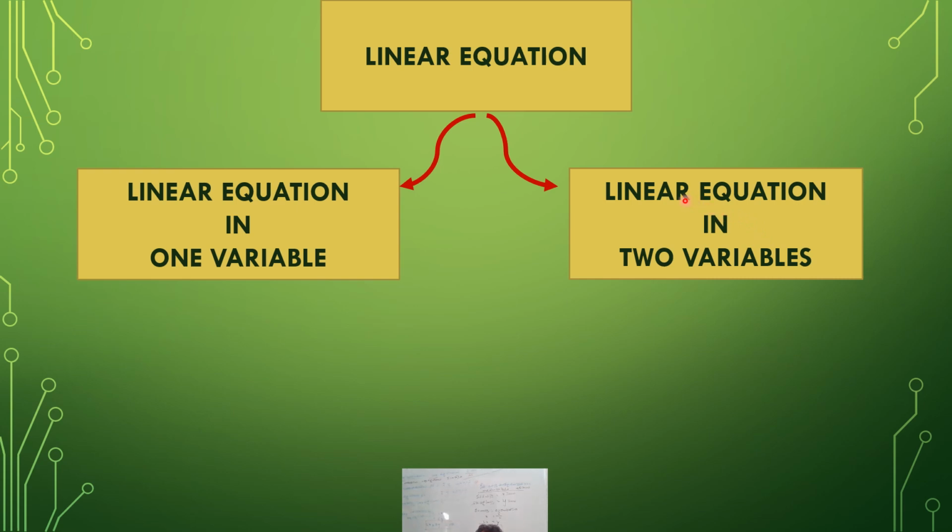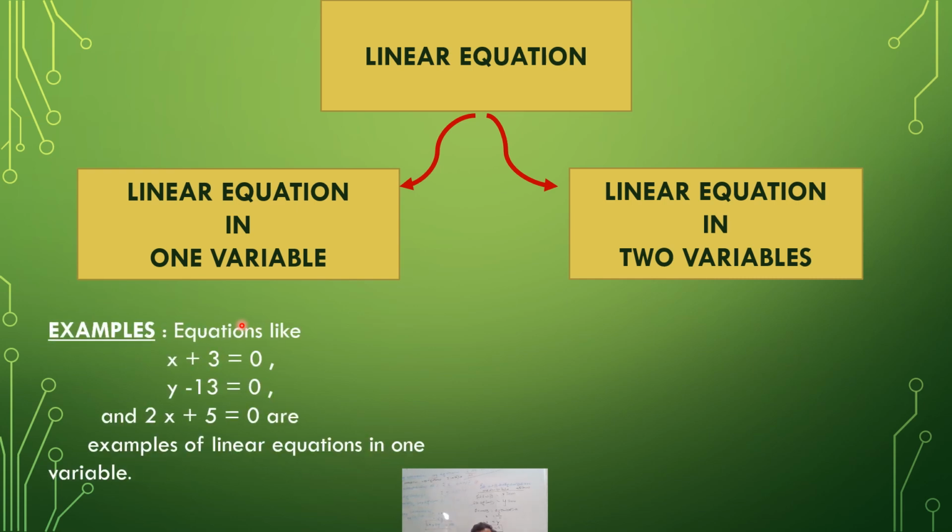Before going to our definition, just see examples of linear equations in one variable. Equations like x plus 3 equals 0, y minus 13 equals 0, 2x plus 5 equals 0. Dear students, observe here x, y, x.